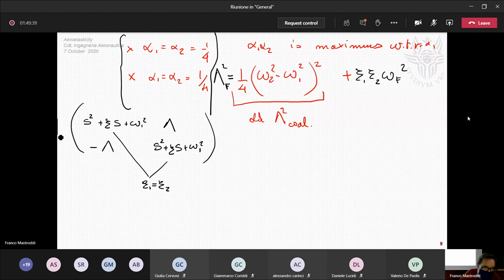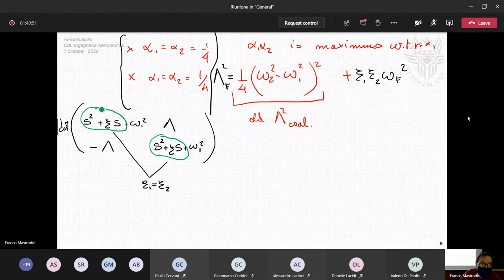Determinant of this. Look, this part is important, guys. This part here is common here and common here. If you call this part S bar squared, you have the same equation of the undamped system.